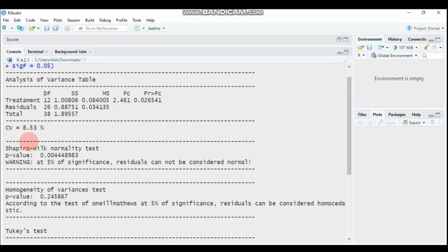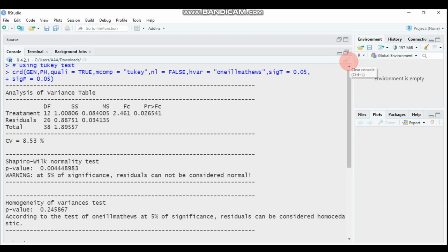And here is the CV, which is the coefficient of variation, which indicates precision, because a low CV is good. Low CV means we have a low error mean square, because CV is equal to the square root of the error mean square divided by the grand mean. So if the error mean square tends to be less, our CV will be less, since they have a direct relationship. So this way you can perform the Tukey test.